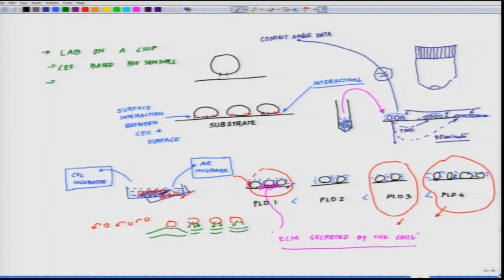The first is the electrostatic interaction, step 1, followed by step 2, where the cell, upon that stabilization, starts to secrete out its own extracellular matrix, or ECM.